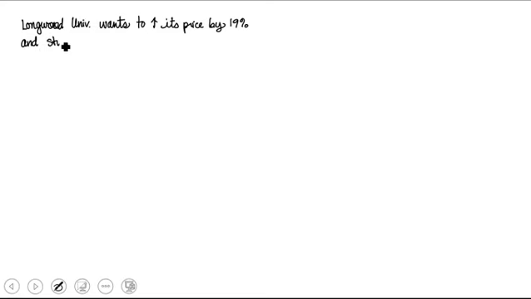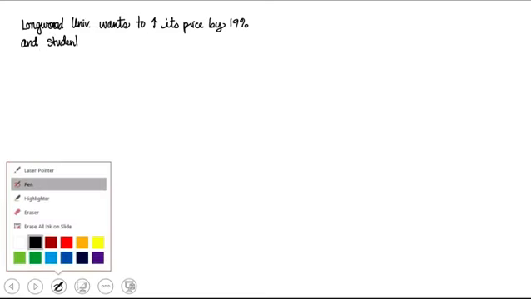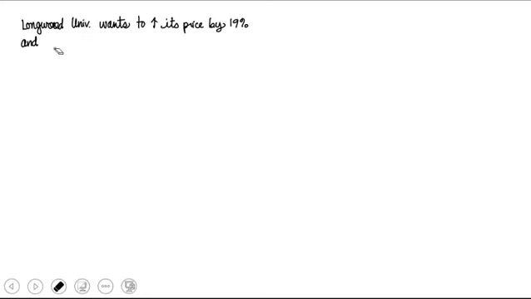And studies reveal that the elasticity of demand of its consumers is 1.8. Ooh.